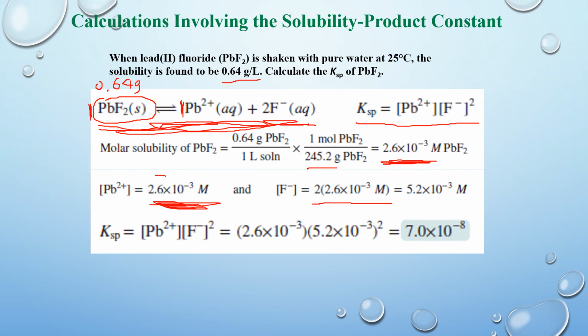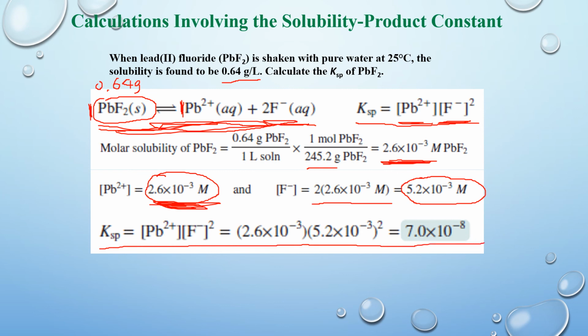So this will be the concentration for the lead 2 plus, and this will be the concentration for the fluoride. Now we know the concentration for both, so we can plug those into this equation and calculate the KSP value, which is 7 times 10 to the negative 8. And again, it has no unit, because the equilibrium constant should be unitless.